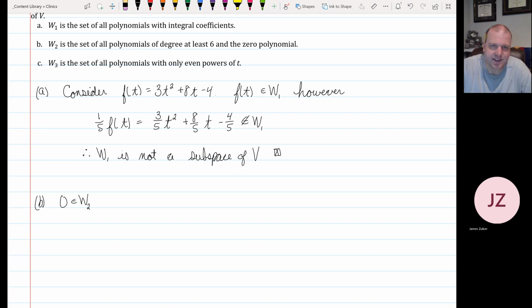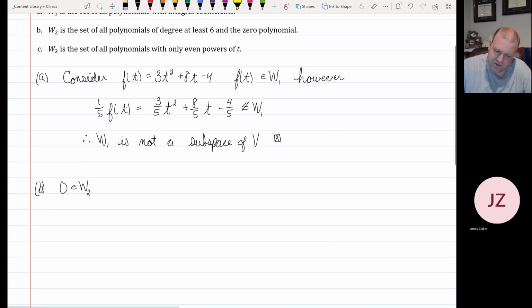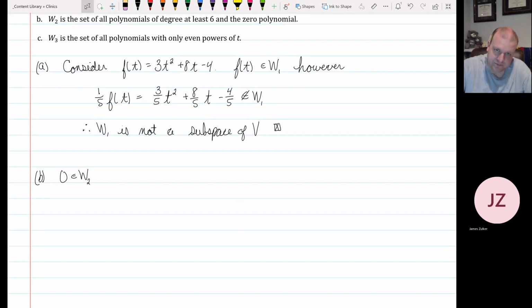And this is clearly a subset of all the real polynomials. So I want to show it's closed under addition. Of degree at least 6 means we're going to deal with degree of 6 or greater.